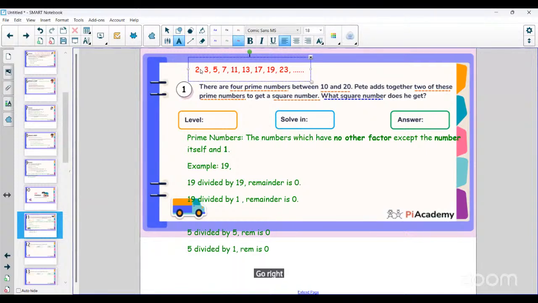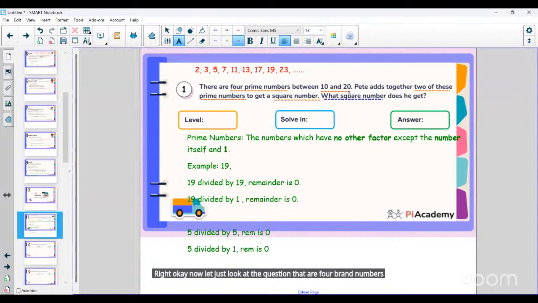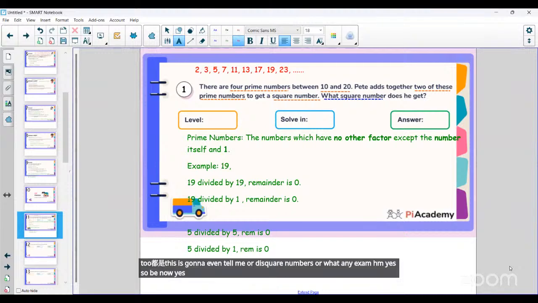Correct. Now let us look at the question. There are 4 prime numbers between 10 and 20. Pete adds together 2 of these prime numbers to get a square number. Can anyone tell me what square numbers are, or give an example? Yes, Sabina, Yasmin, go ahead.